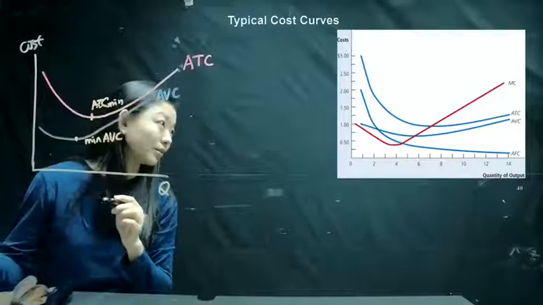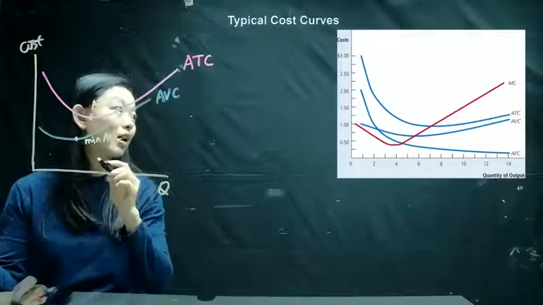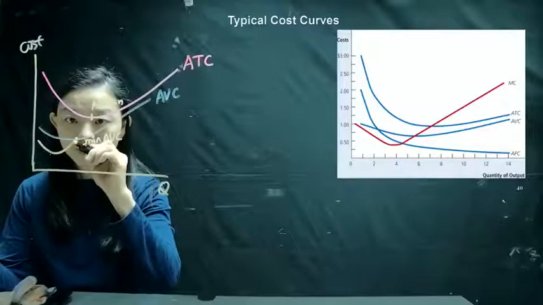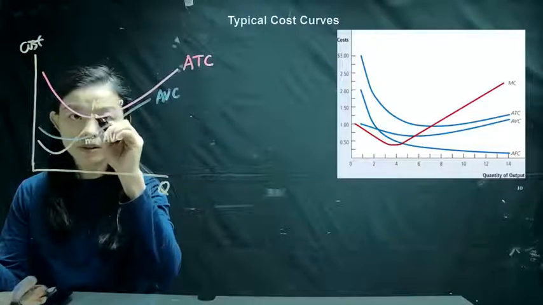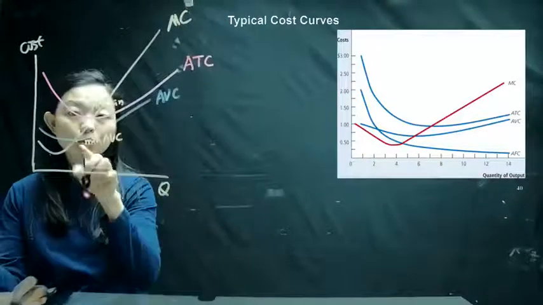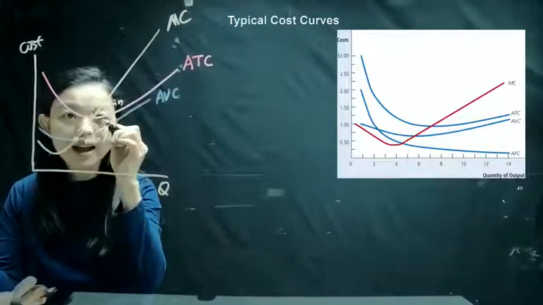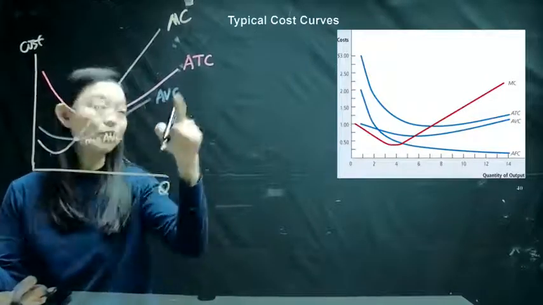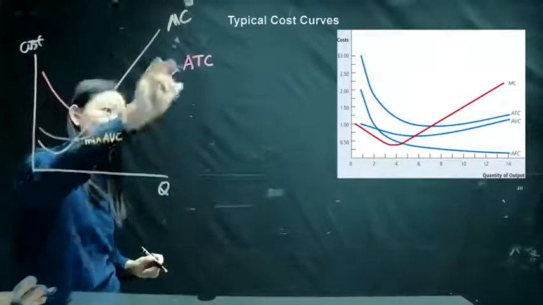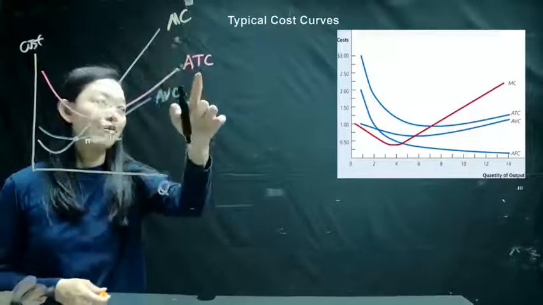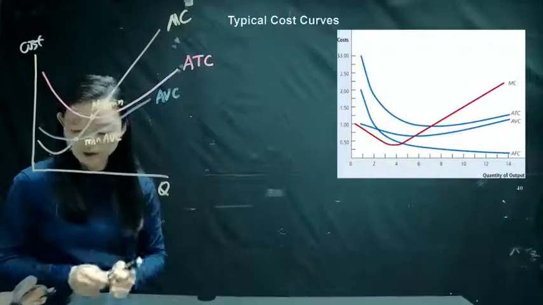Then the marginal cost curve will look this way. This will be the marginal cost curve. It will intersect at the minimum point of both average variable cost and average total cost. So here you finish the three curves: marginal cost curve, average total cost curve, and average variable cost curve.